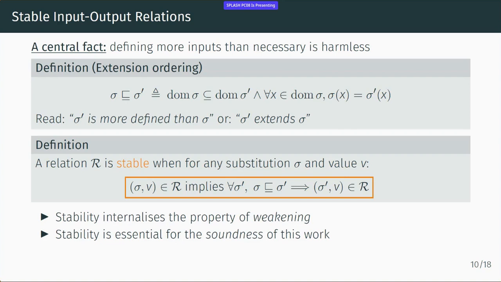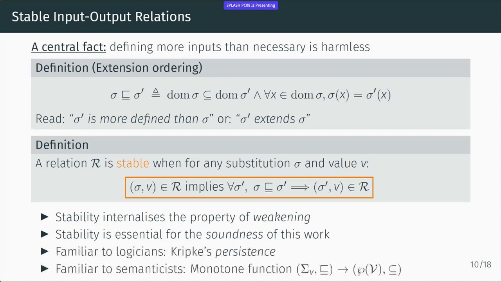In a way, this notion of stability internalizes the property of weakening that you might know from logics or from type systems. And we explain in the paper that this is essential for the soundness of this work. This notion should also be familiar to many of you: if you are a logician, it should remind you of the notion of persistence from Kripke semantics.